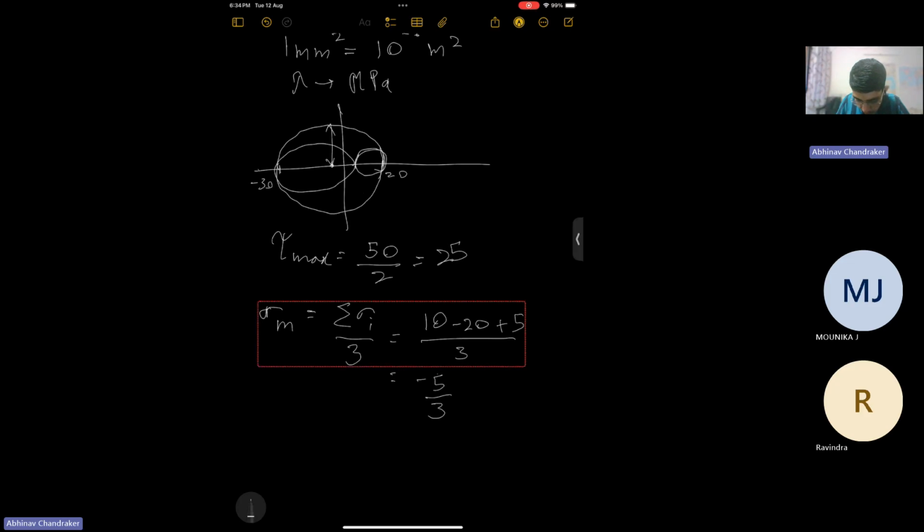Minus pi by 3. How much is minus pi by 3? 1.6777. So minus 1.67 MPa, since we have already calculated.